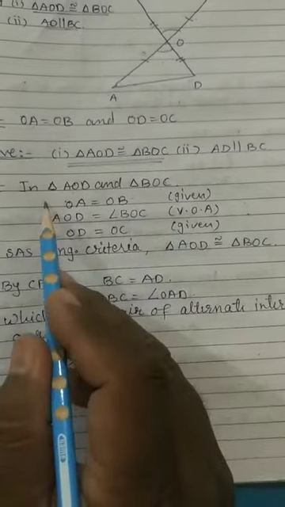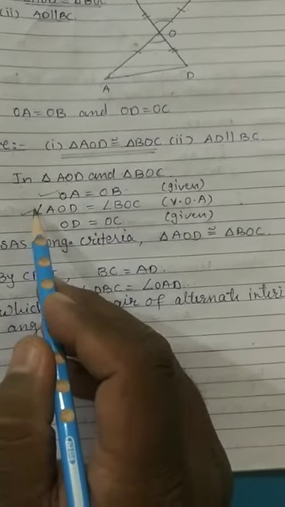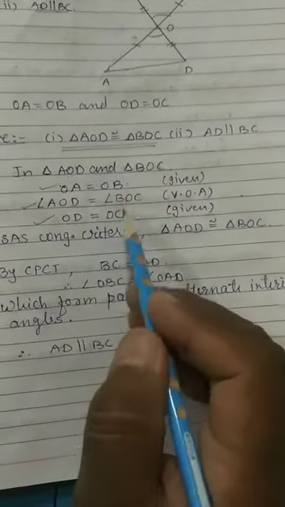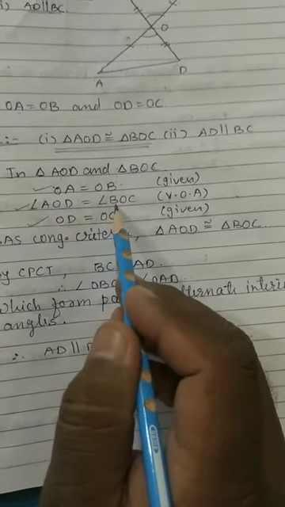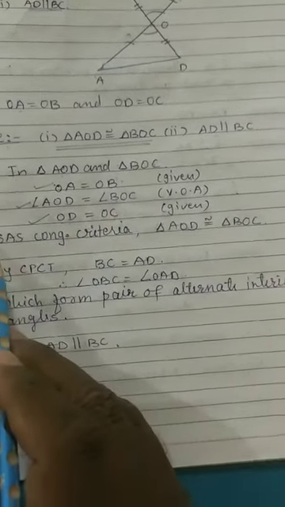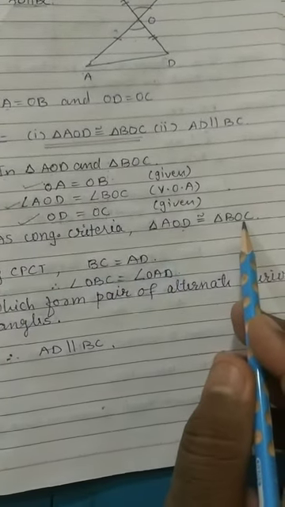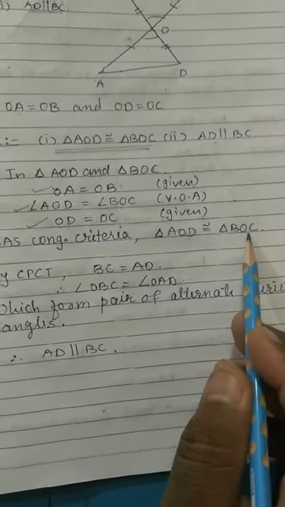And now you can check two pairs of sides and one pair of angles included between these two sides are equal. So you can say by SAS congruence criteria, triangle AOD is congruent to triangle BOC, right?